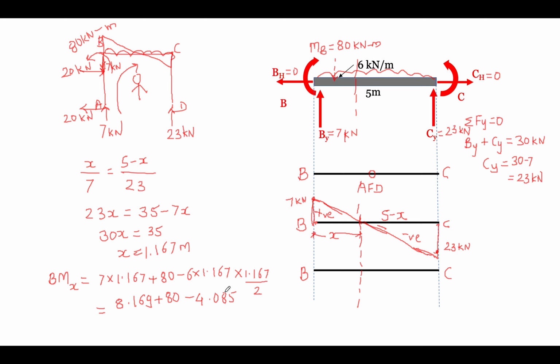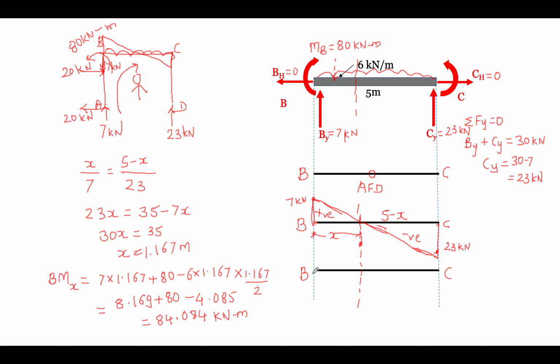So 8.169 plus 80 minus 4.085 is 84.084 kilonewton meter. When shear force is 0, that is the maximum bending moment.